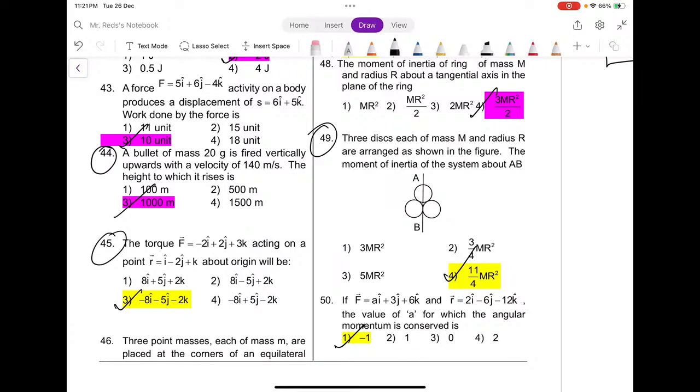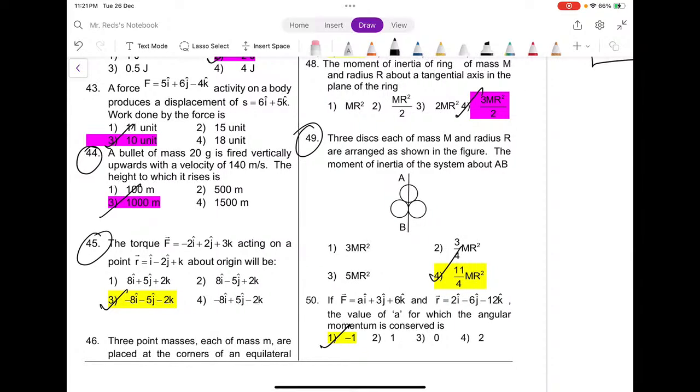Question number 44. It is given that a bullet of mass 20 gram is fired vertically upwards with a velocity of 140 meter per second. The height to which it rises is asked. So mass is given, initial velocity is given, and height you are asked to find.